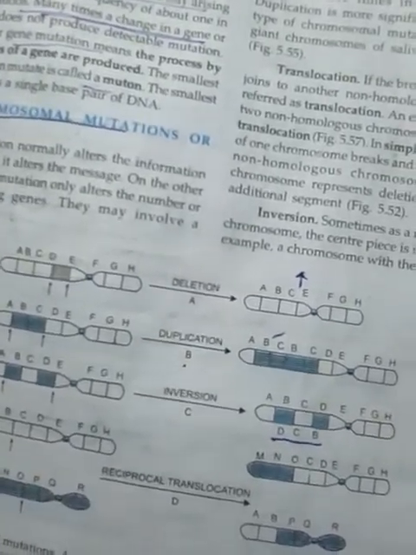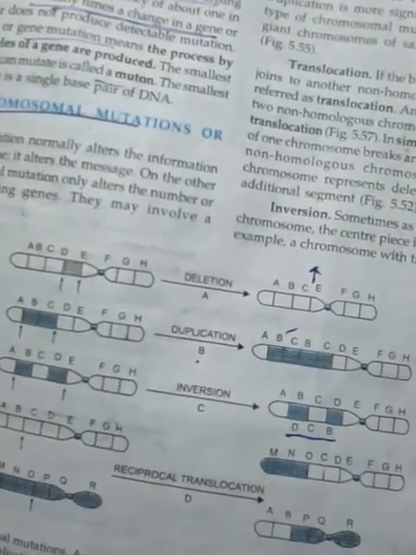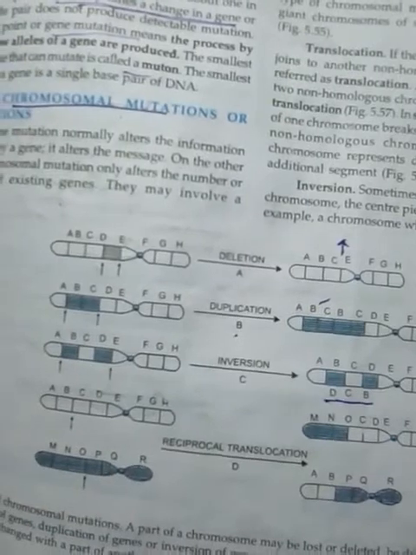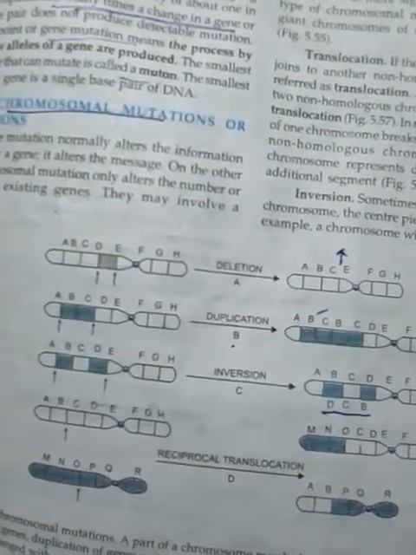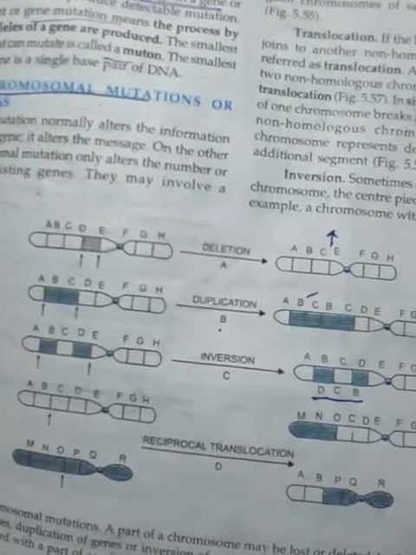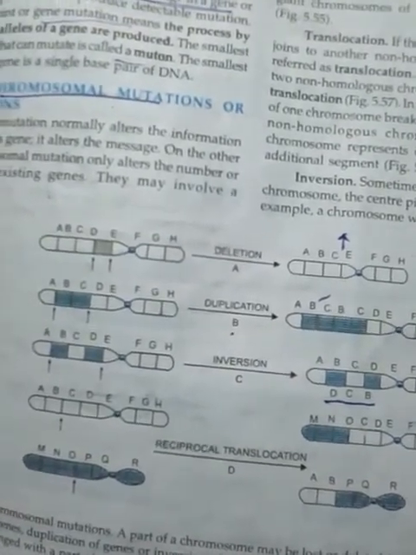When genes are repeated, that is called duplication. In case C, inversion: the arrangement of the genes is reversed, and the reversing of the genes and DNA causes genetic variations in chromosomes.